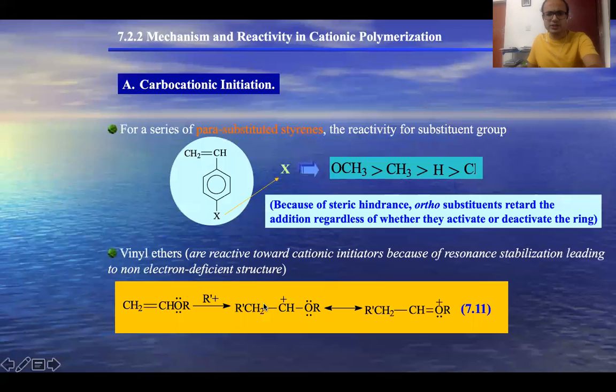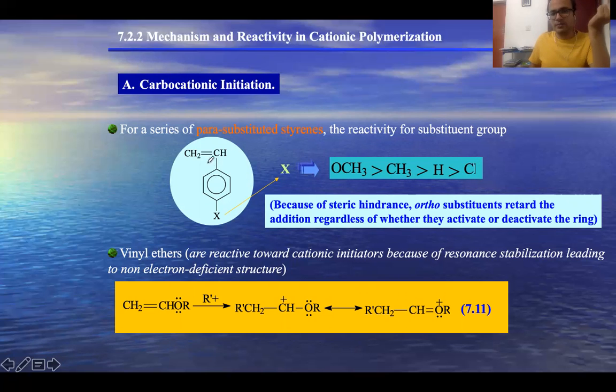If we go further into another type of vinyl monomer, it is a kind of styrene. Now, styrene is substituted at the para position with certain substituents. We can have OCH3, CH3, H, and Cl.